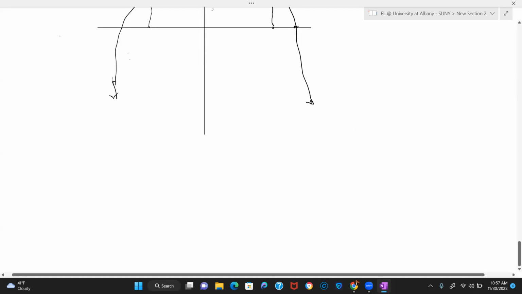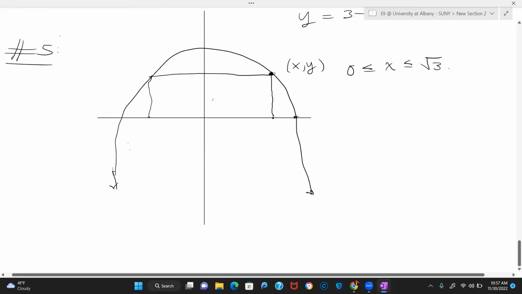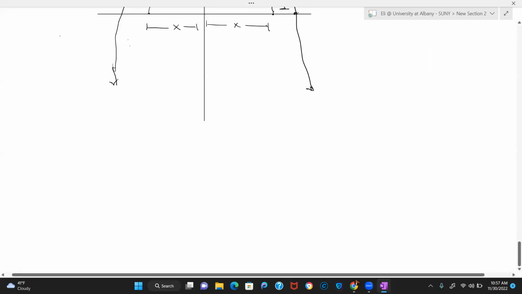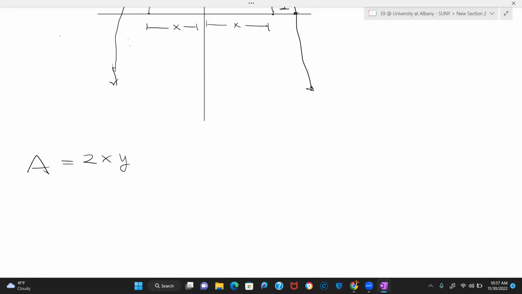All right, so now the area. This is a rectangle, so we have height right here is y, and then this length right here is x, but this length by symmetry is also x. So the area is 2xy.